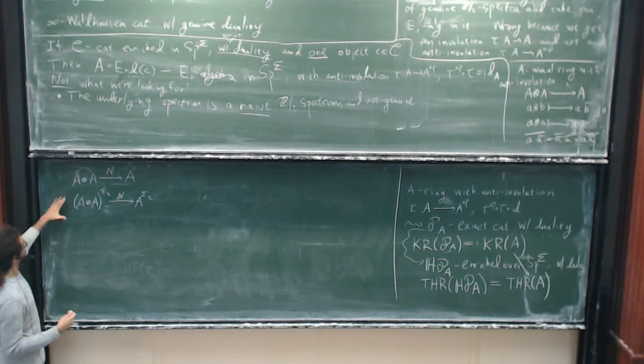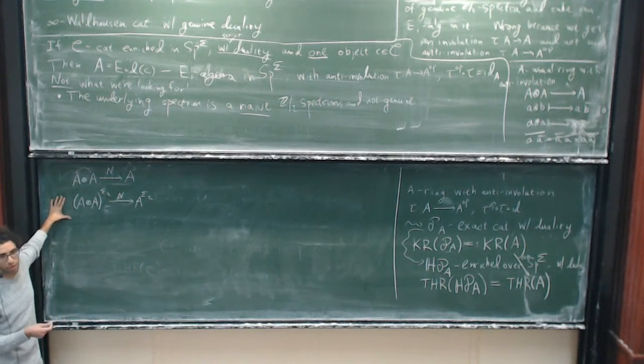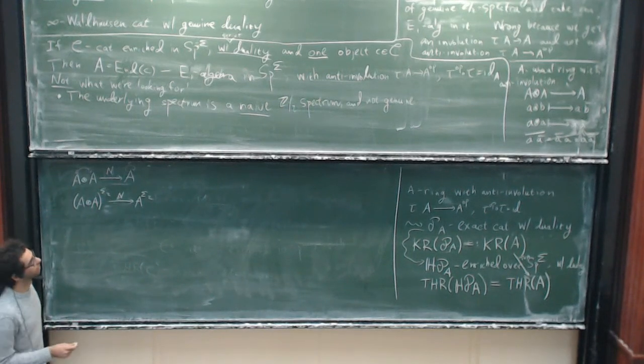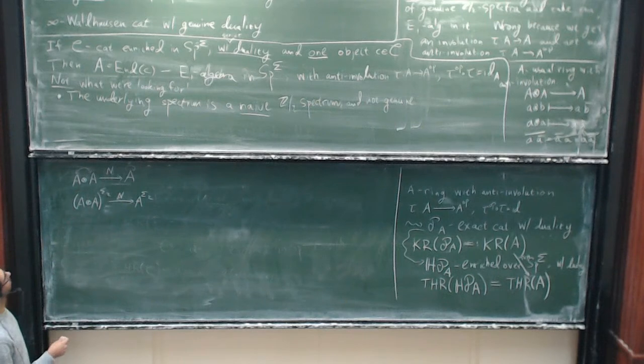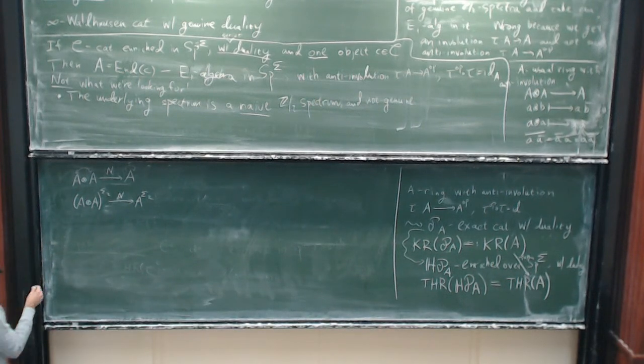So this is another sort of structure that we're going to want our ring spectrum with genuine involution to have, and this, of course, doesn't happen in this case, and it doesn't happen in this case either.